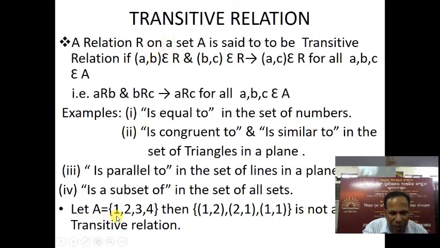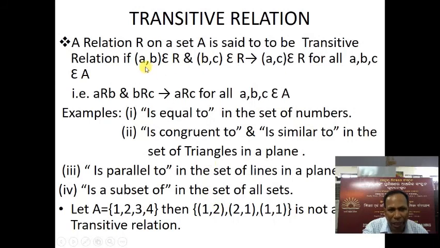Now taking a numerical example, set A contains elements 1, 2, 3 and 4. Now let us consider the relation {(1, 2), (2, 1), (1, 1)}, comprising 3 elements: ordered pair (1, 2), ordered pair (2, 1) and ordered pair (1, 1). Now let us find out whether this relation is transitive or not.